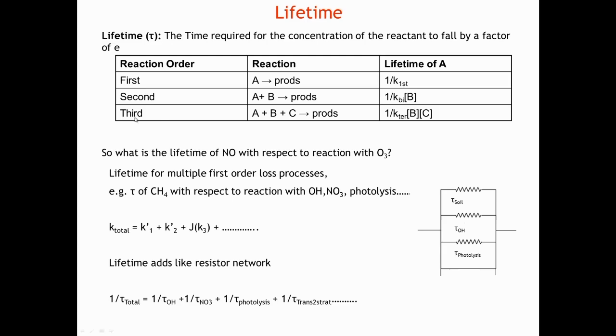And for third order reactions, the lifetime is dependent upon 1 divided by the termolecular rate constant times the concentration of the other two. So what are the units of the rate of a bimolecular reaction?